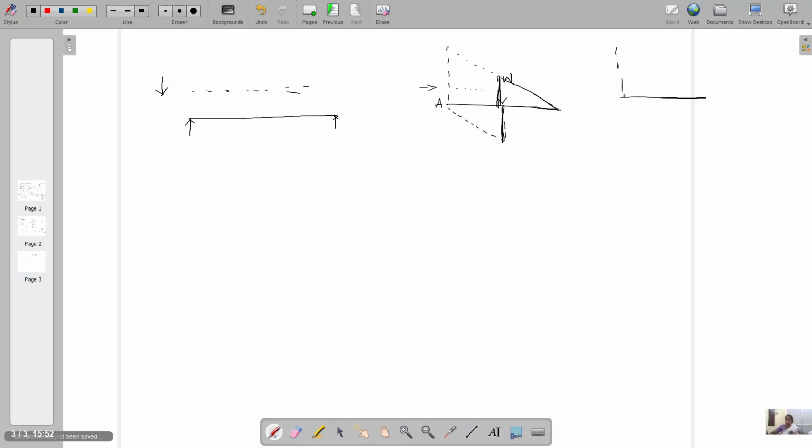The maximum positive shear will be like this and the maximum negative shear will be like this. If you cut a point here at distance x when the load is located here, the shaded portion will be the shear force variation.